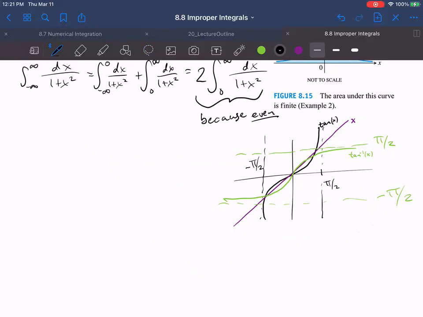Anybody get it yet? Got one answer of pi.